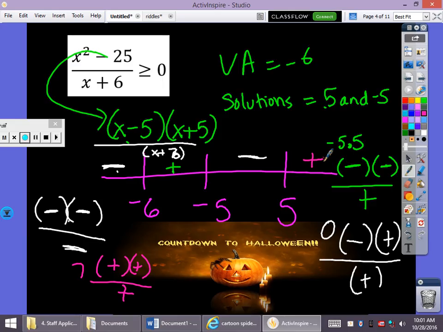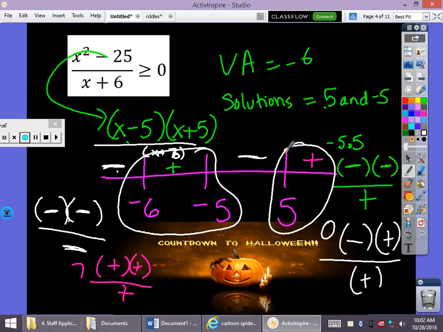Okay, I want greater than or equal to 0, so that means I want my positives. So there's some positives, and there's a positive. So my first set of positives is from what to what? -6 to -5.